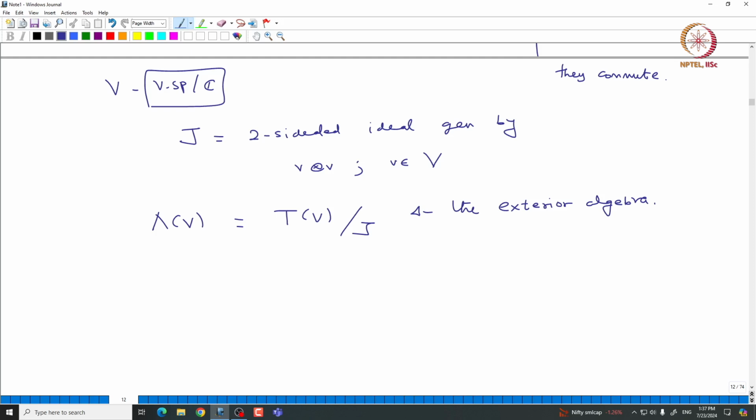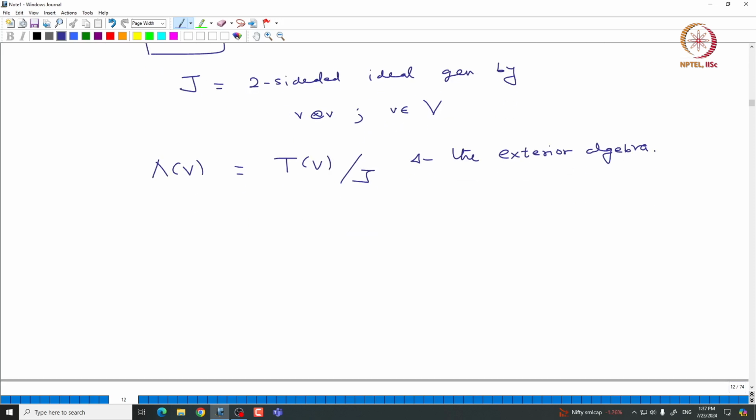So we have this natural algebra. Using bilinearity of the tensor product, the same ideal is indeed generated by V tensor W plus W tensor V for all V, W in capital V. I will leave this as an exercise.